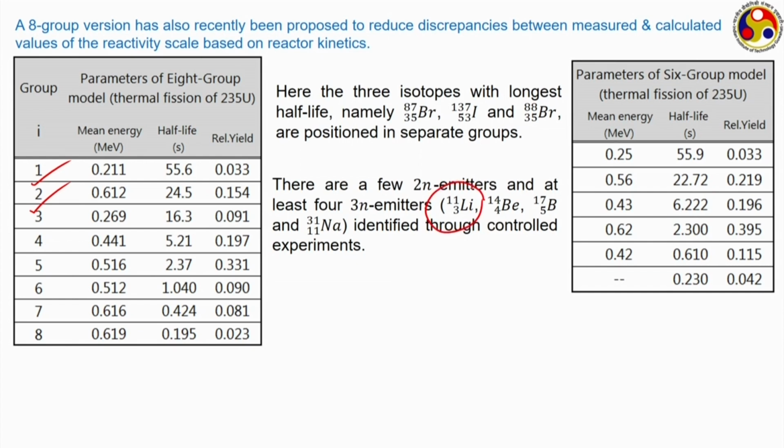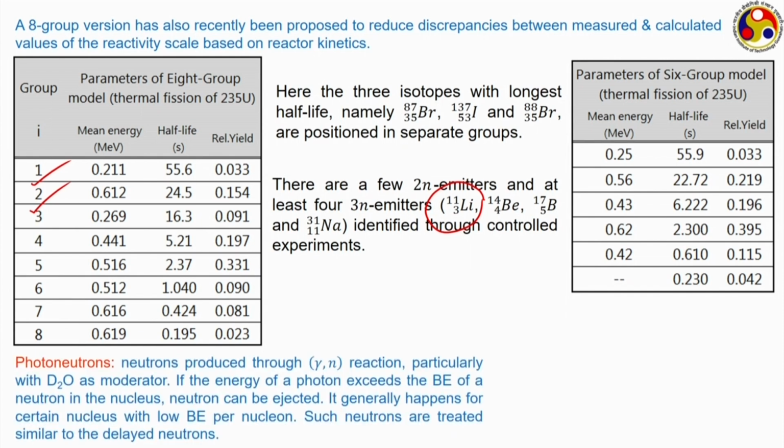Now, the normal isotopes of lithium are Li 6 or 7, and here the mass number is 11, out of which 3 are protons, then there are 8 neutrons. So, we can clearly see this for the others also. Accordingly, they need to emit a very large number of neutrons to come back to some kind of ground state, and hence we get these 2n and 3n emitters.